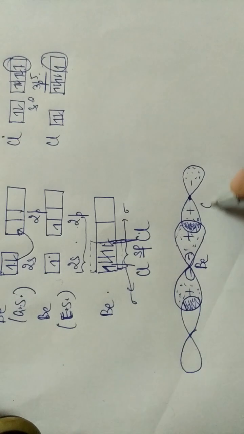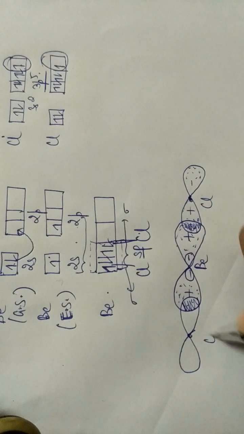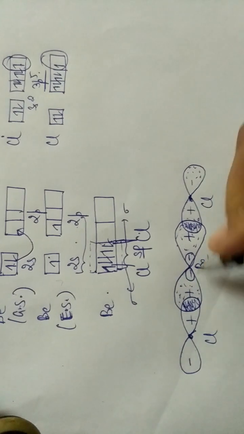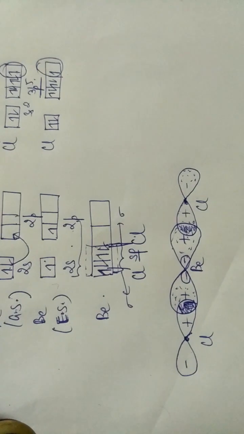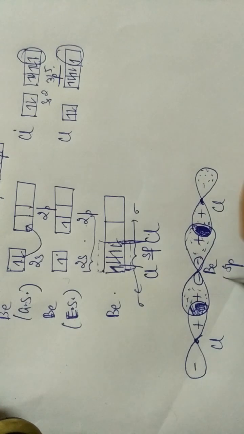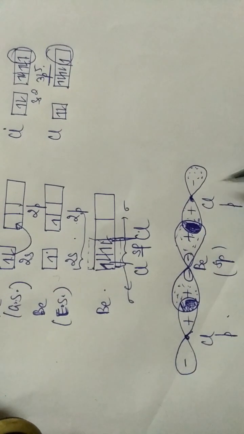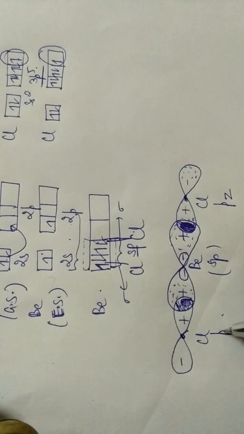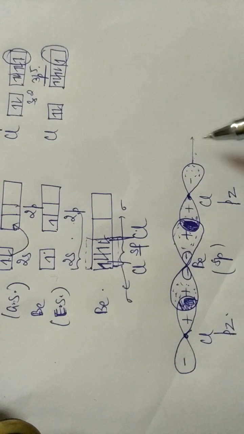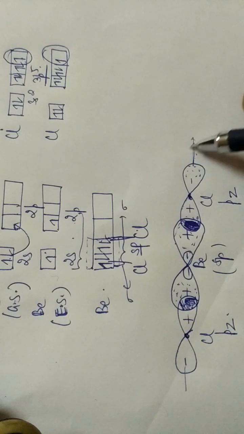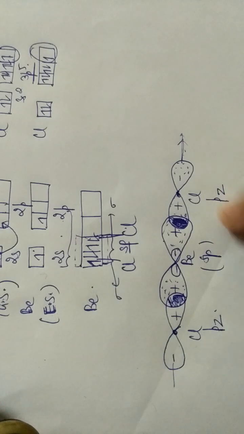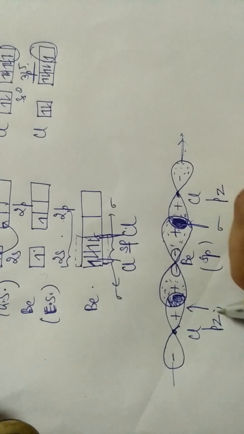Similarly for another chlorine atom. This is the p orbital of one chlorine atom, and another chlorine atom's p orbital is overlapping with the beryllium sp hybrid orbital. This is the sp hybrid orbital, and this is the p orbital of chlorine, that is the pz orbital along the z axis. So this is our z axis of chlorine, the pz orbital of chlorine, which is overlapping with the sp hybrid orbital forming sigma bonds.